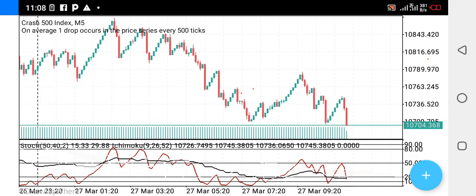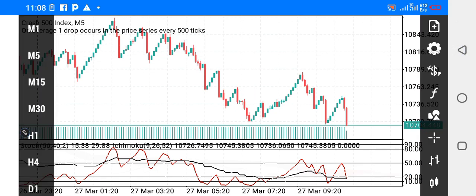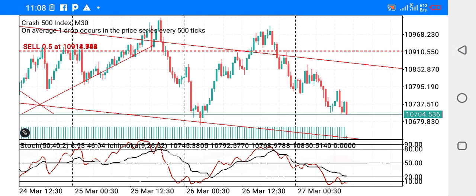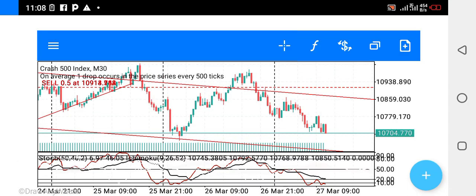So what I do is I come back to use the 30 minutes time frame, and that will give you the clear picture, and from there you can trade well. So with this, you see this blue candle which is forming there, which is called, I think, a doji or so.